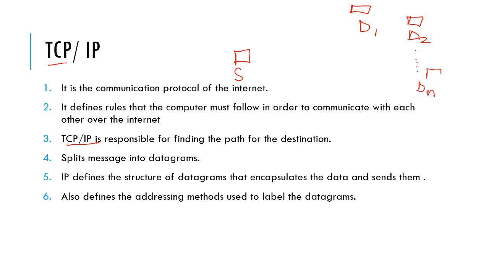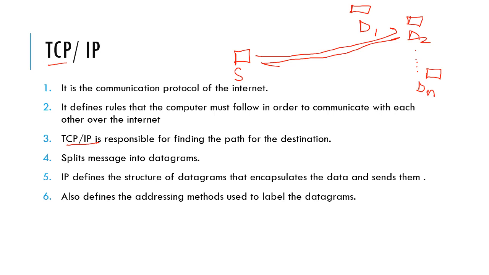So TCP is responsible for finding the path for the destination. Now you have requested the home page of, say, D2. So you've written www dot whatever the name of that D2 is. So it will make a connection with D2, only with D2, right? In a place where so many destinations exist. That is governed by the TCP and IP.